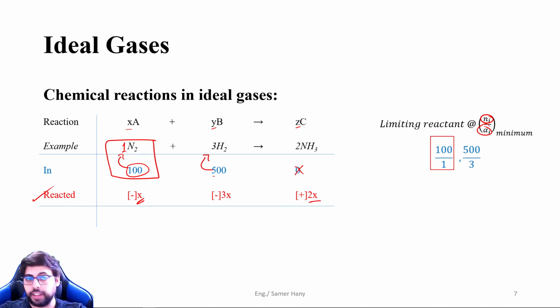All right? And at any point in the reaction, after X amount is reacted, the remaining number of moles for nitrogen, hydrogen, and the produced ammonia will be just the 100 moles that were originally introduced, the initial number of moles, minus the amount that reacted inside the reactor. So 100 minus X. Same goes for the hydrogen.